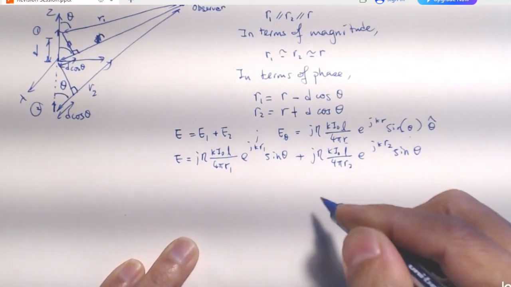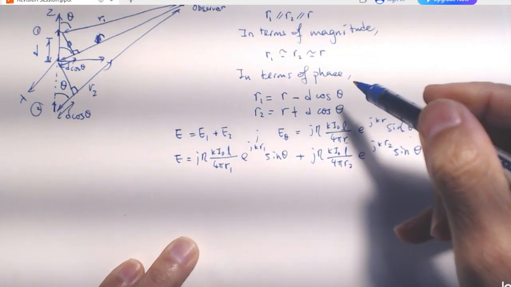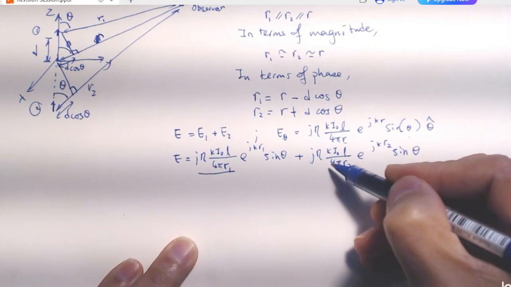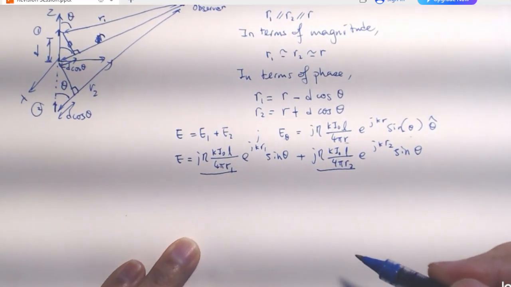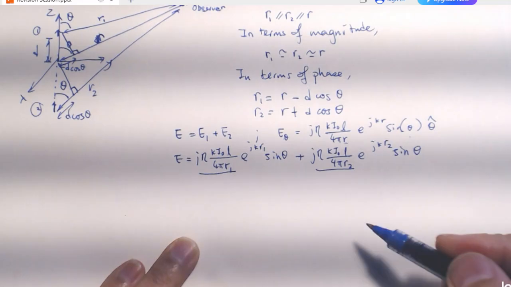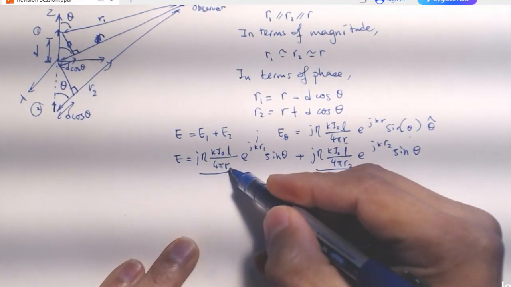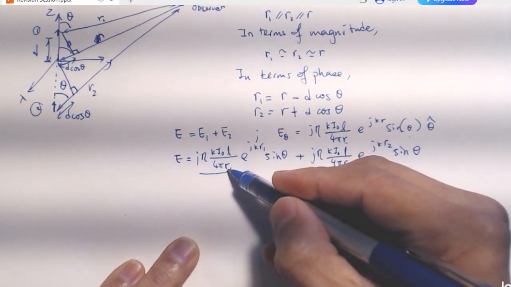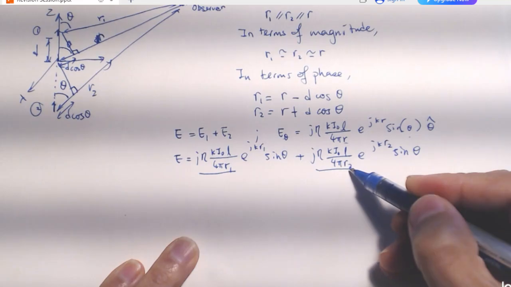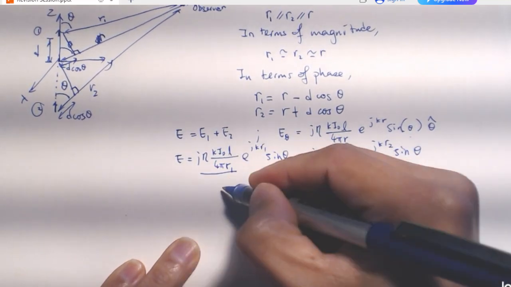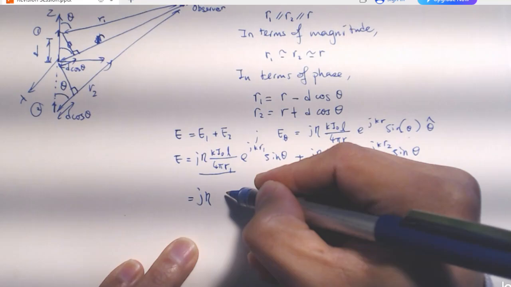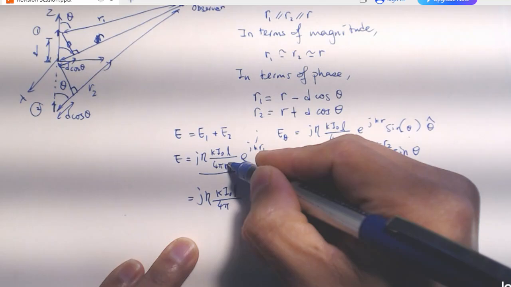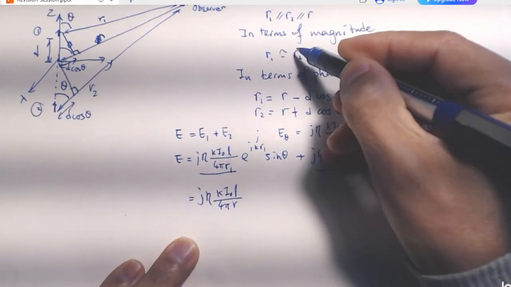In terms of magnitude, as we have already shown, they should be similar, so we can say R1 and R2 are basically the same. So we can just bracket out this expression, and R1 is equal to R, like what we have shown here.